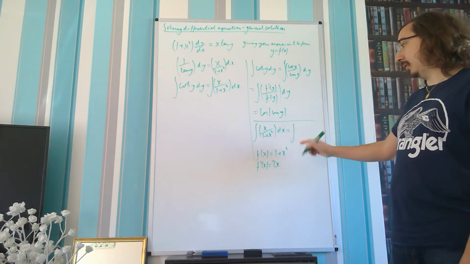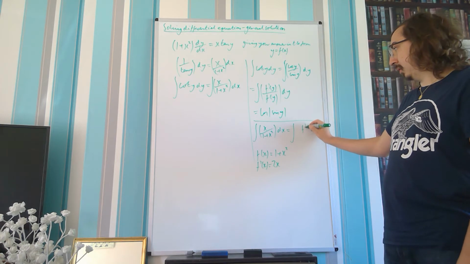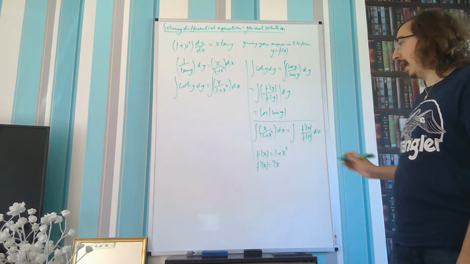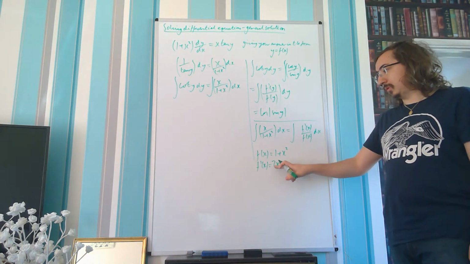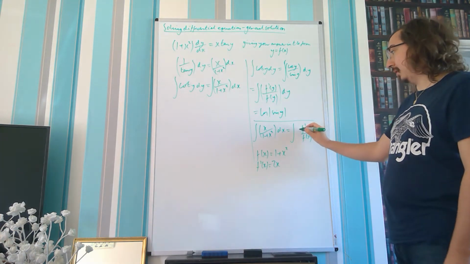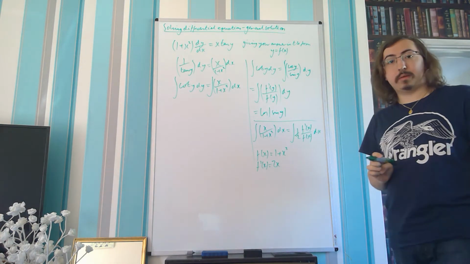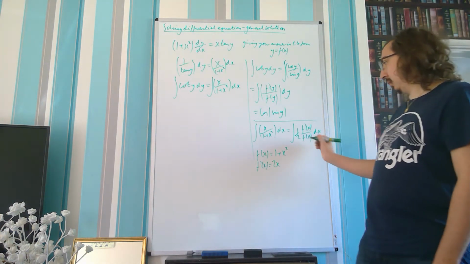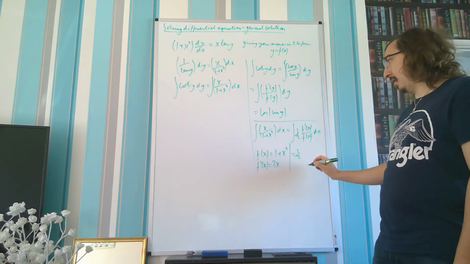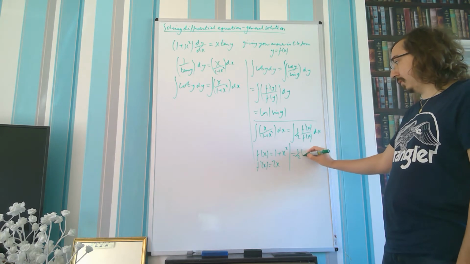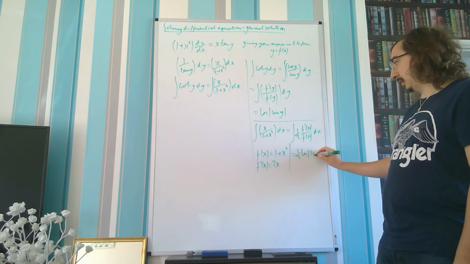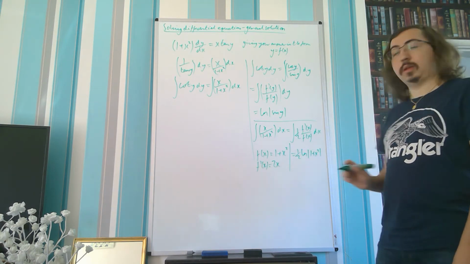So our integral is very nearly the differential of the function over the function. However, this would give us this extra factor of 2, which we don't have here. So to get rid of that, we need to multiply it by a half. So when we integrate, we end up with our half. The differential of the function over the function gets us our natural logarithm of the function, which in this case is 1 plus x squared.